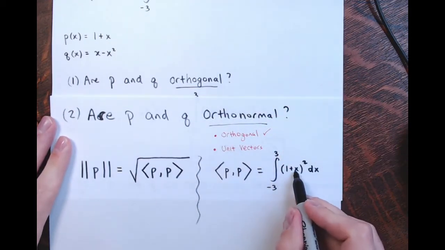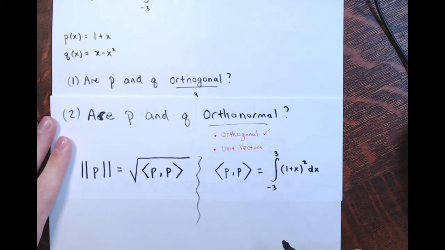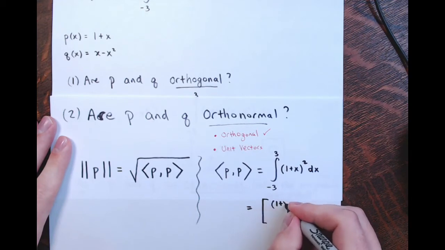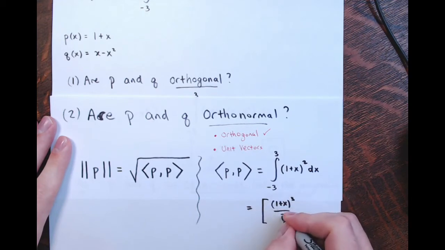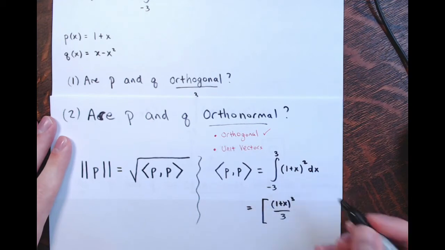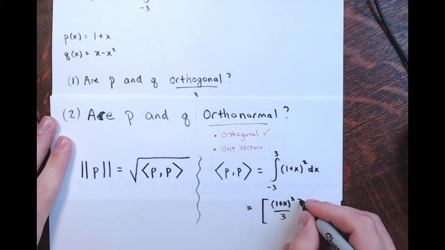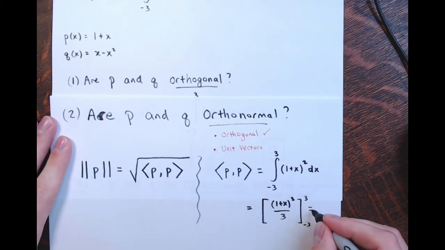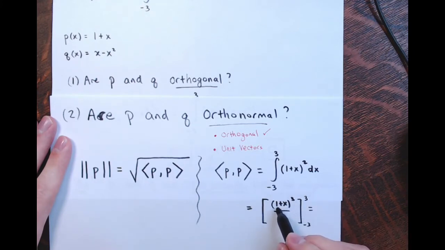Okay, since this is a simple linear here, this is equal to (1 + x)^3 over 3. The derivative of this would be that. Then from -3 to 3, you plug in 3 here and you'd get 4 cubed, which is 64 thirds.